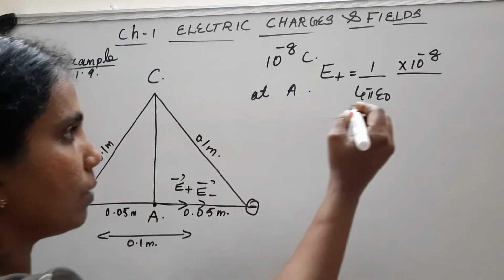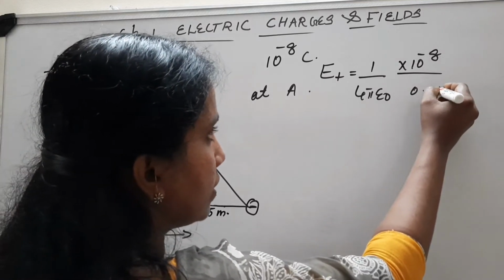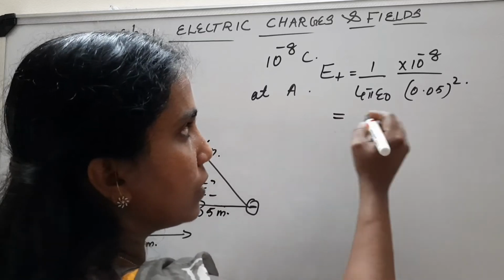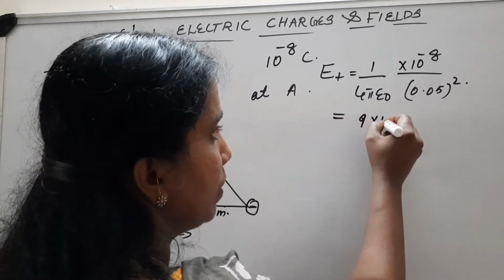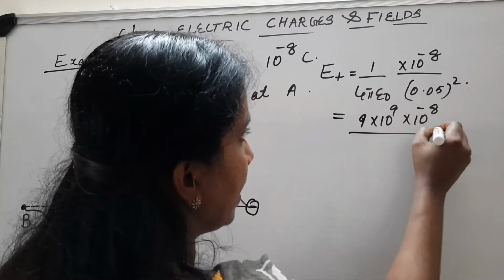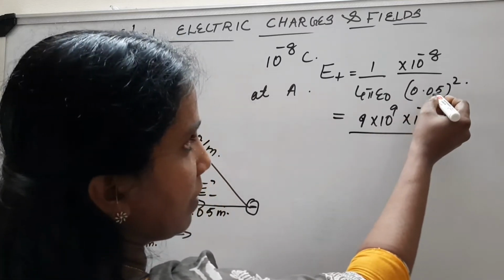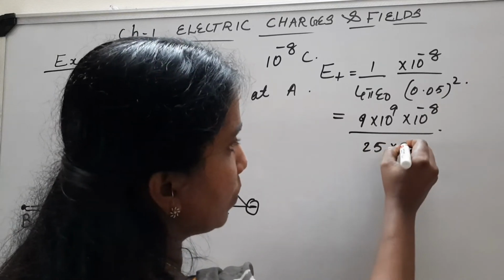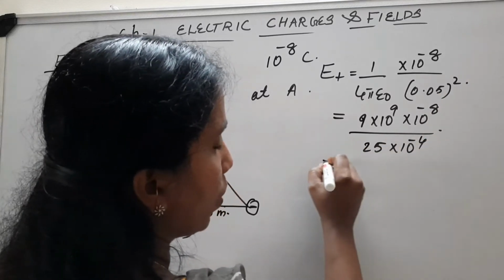The distance is 0.05 square. This is the magnitude of E plus. When we calculate this, 9 into 10 raised to 9 into 10 raised to minus 8 divided by 5 into 10 raised to minus 2, square, which means 25 into 10 raised to minus 4.